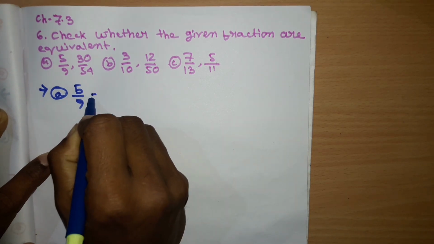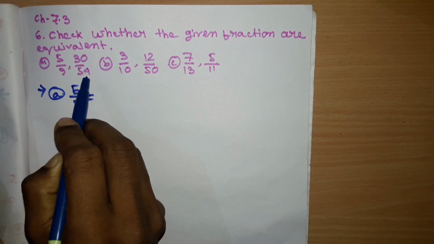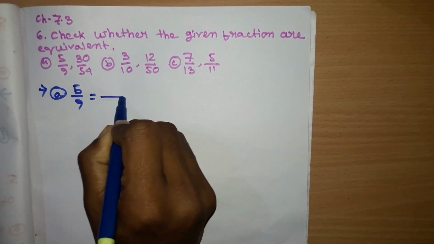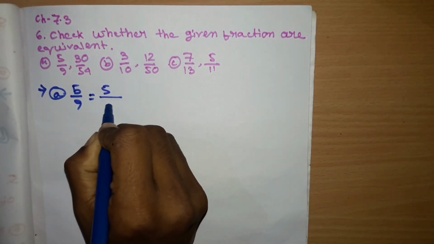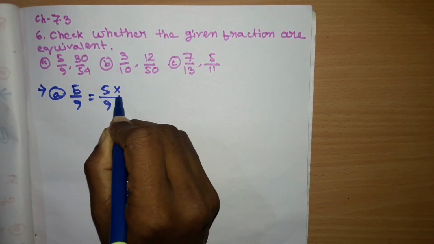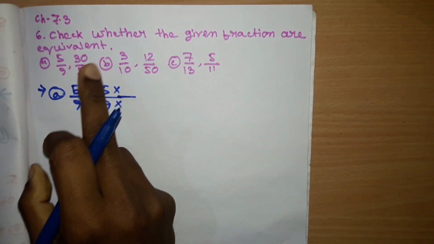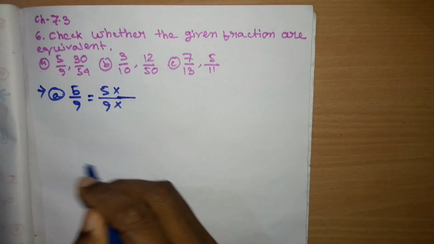To check whether both 5 by 9 and 30 by 54 are equivalent, I have to multiply both the numerator and denominator of 5 by 9 with the same number, so that if I get 30 by 54, then it will be equivalent.